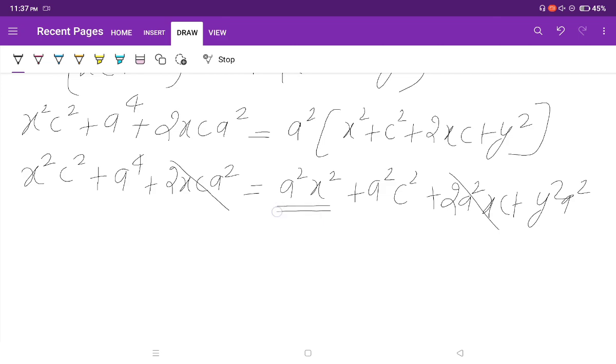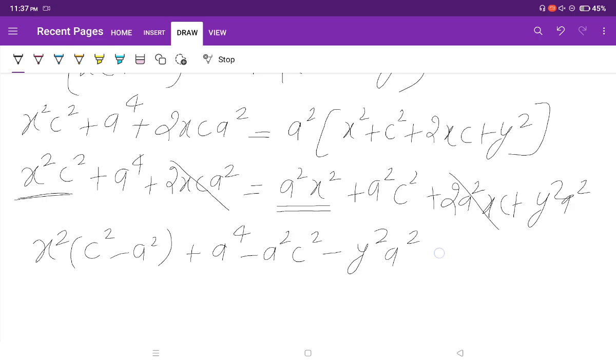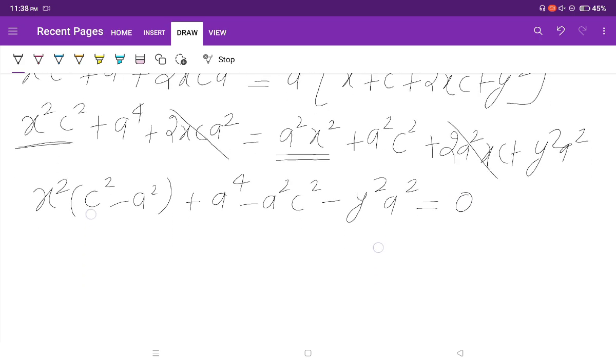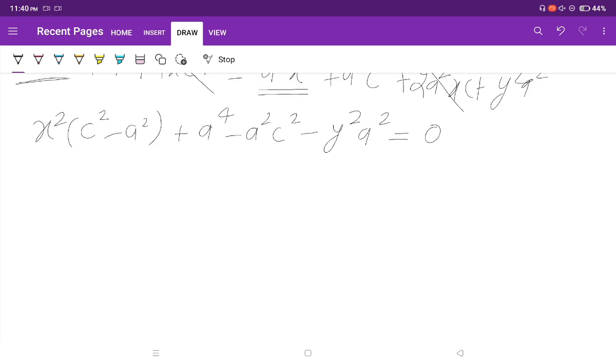So we have x square times (c square minus a square) plus a raised 4 minus a square c square minus y square a square equals 0. Right, let's simplify further. We have x square times (c square minus a square) minus y square times a square equals a square times (c square minus a square).